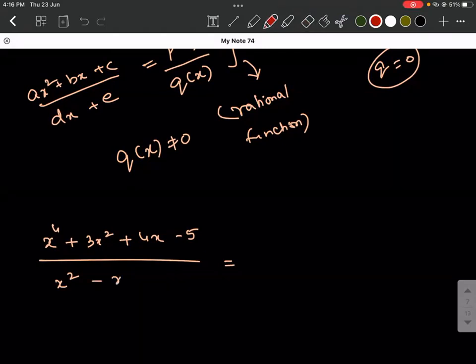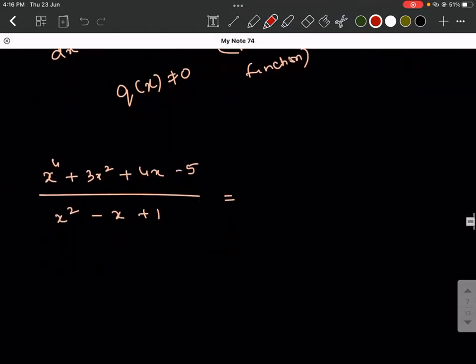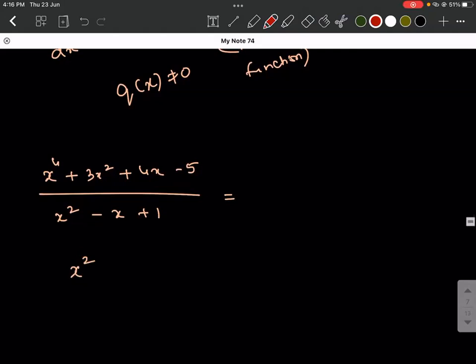So I'm just giving you a different perspective of it. If I write something like this in terms of function, I'll call it a rational function. But actually, what am I doing? I'm dividing one polynomial by another polynomial. When I do this, how did I write x power 4 plus 3x square plus 4x minus 5? I wrote one step now in terms of quotient and remainder. It is x square.